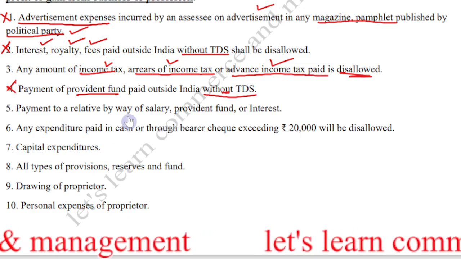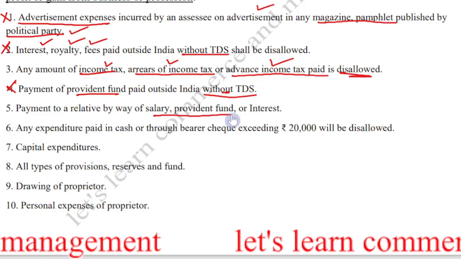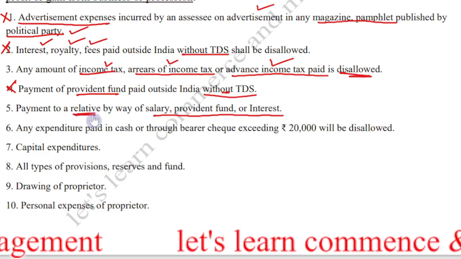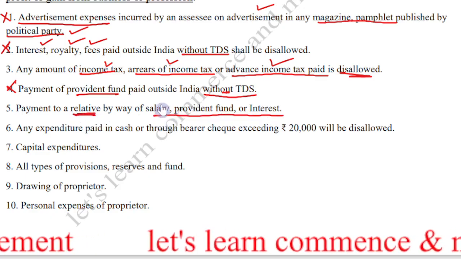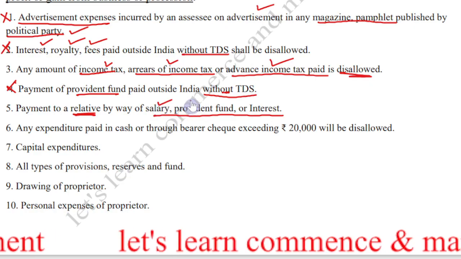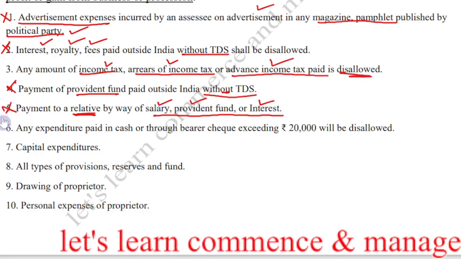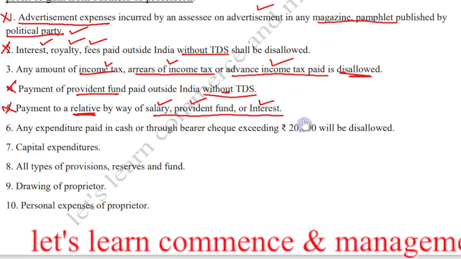Payment to a relative by way of salary, provident fund or interest. Any payment to the relative by way of salary, provident fund or interest is not allowed as deduction. It is a taxable expenditure.